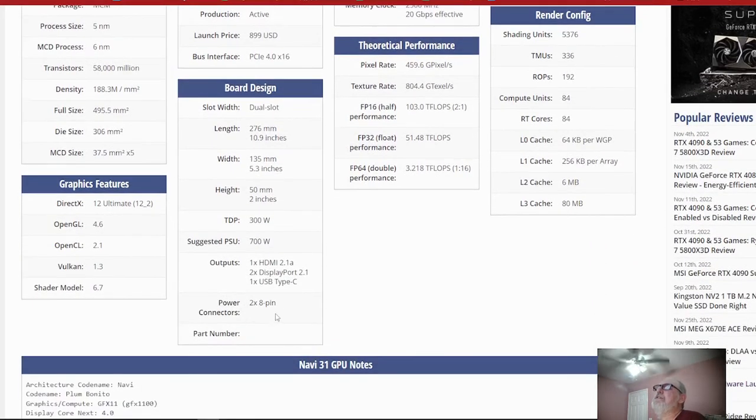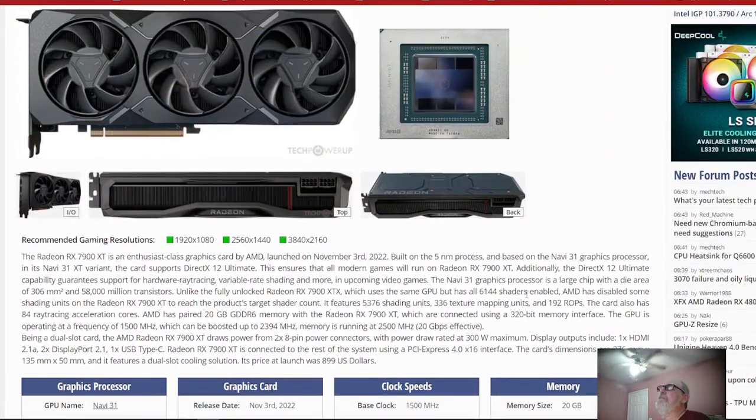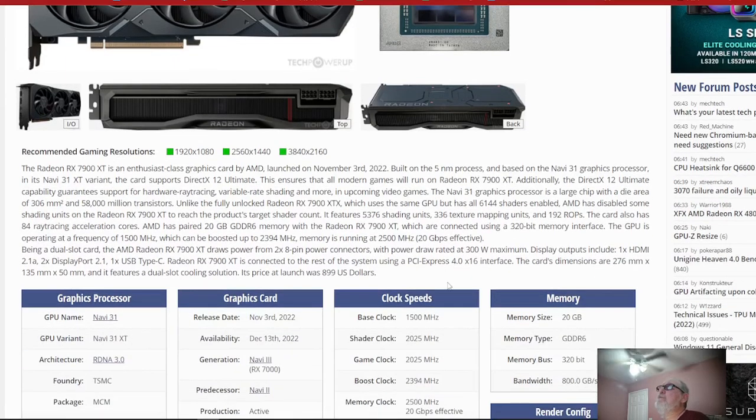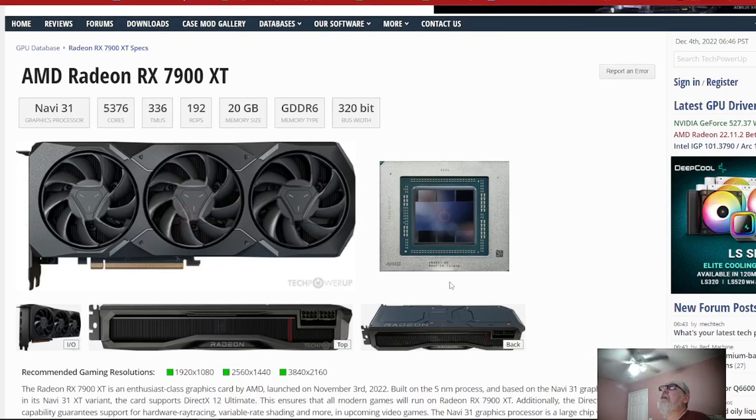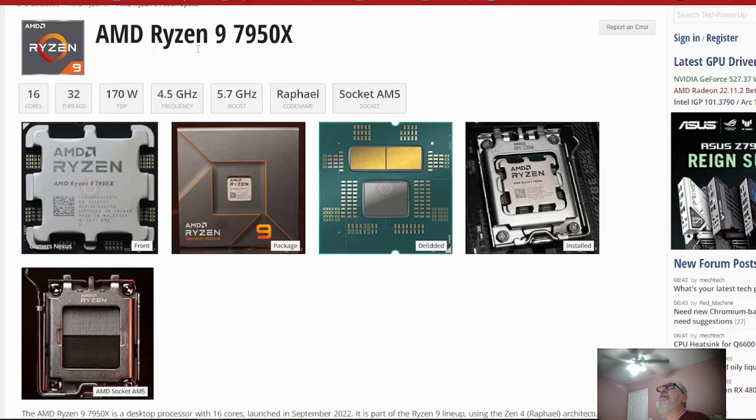That's the thing. You don't have to worry about these two connectors burning down. They've pretty much wrapped it all up. But I'm going to say, when they announce this and when it's coming out, I have a feeling the 7900 XT and the 7900 XTX are going to be a monster with the Ryzen 9 7950X.